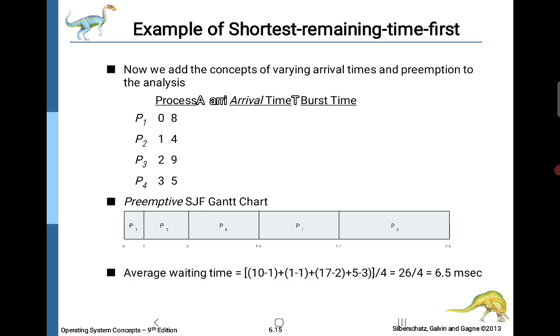After P2 and P4 had gone, 4 plus 5, that is 9. Then it has 1, so it's 9 and 1, so it will be 10.